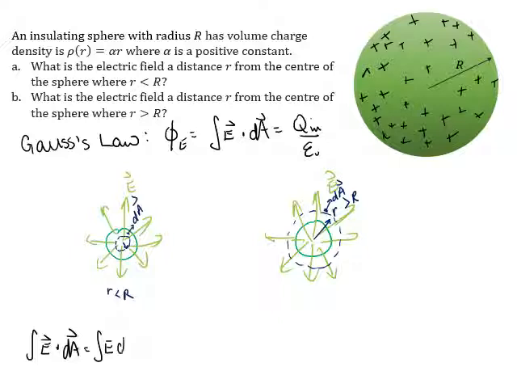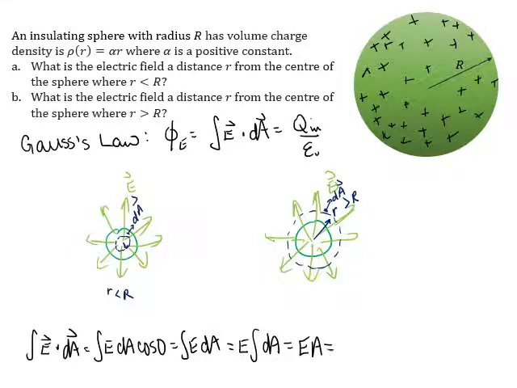That gives us E times dA times cosine of 0, which is the integral of E dA. As long as we're a constant distance away from the center, so on the surface of a sphere, the electric field is a constant. That comes out front of the integral. We've got E times the integral of dA, which is just E times the area of that sphere, which is E times 4 pi r squared.